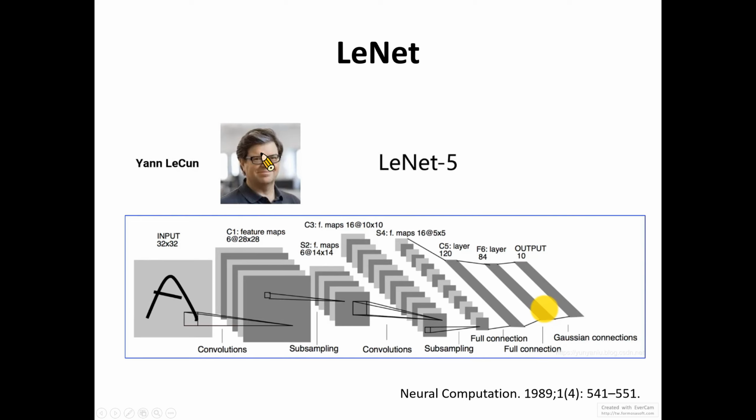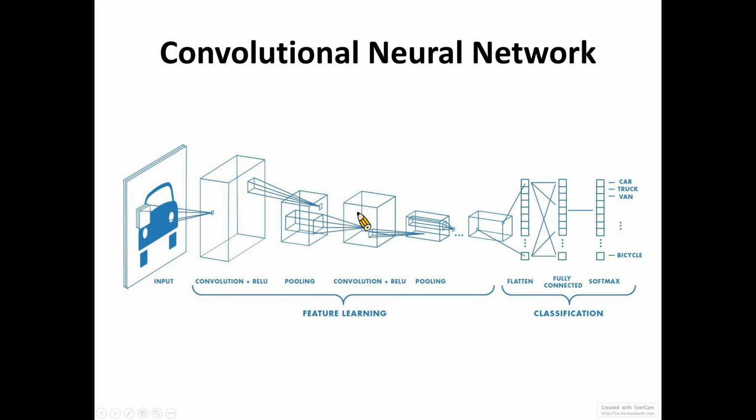The way developed by LeCun is using convolution and subsampling. Convolution is a really innovative way and dramatically changed the way we use machine learning. This is a very early prototype of the convolutional neural network.